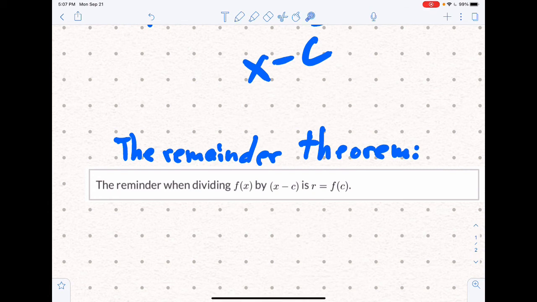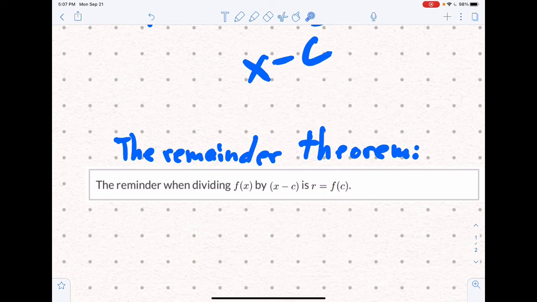And what does it say? It says, when you divide a polynomial by this x minus c, the result is just a number, and that number, the remainder, is exactly what you get when you plug c into your function.